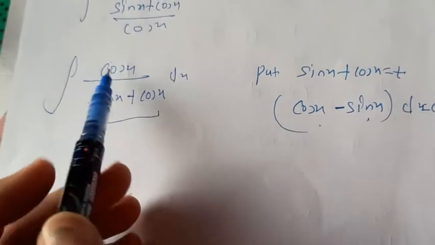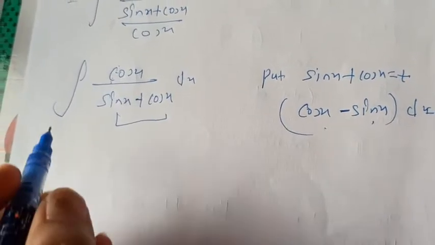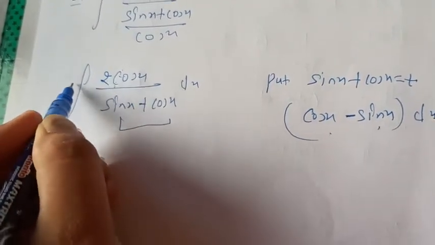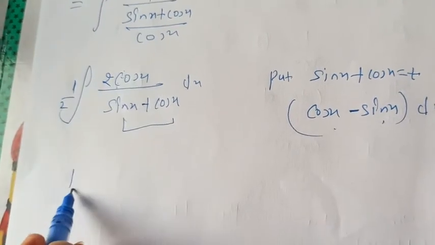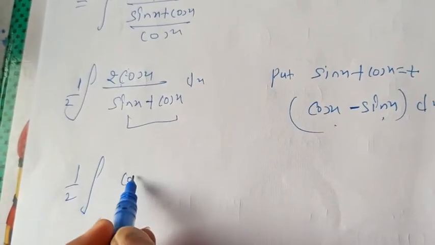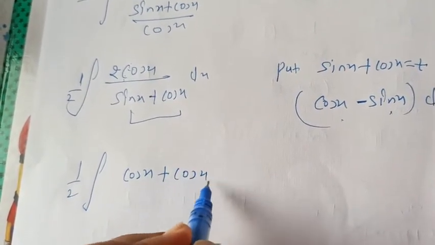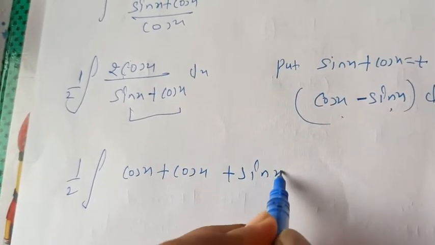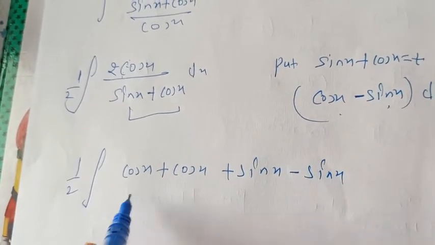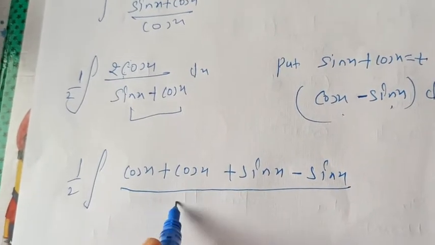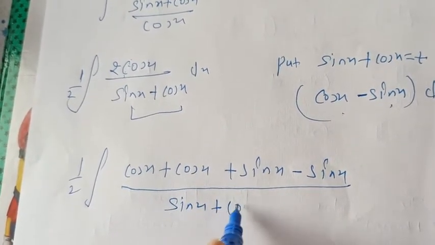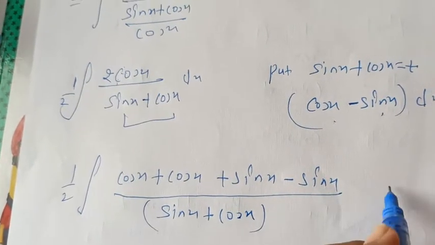So what can we do here? If you remember, we did an example like this. Multiply and divide by 2, and then split this cos x into cos x plus cos x, and add sin x as well as subtract sin x. Then sin x plus cos x is in the denominator.